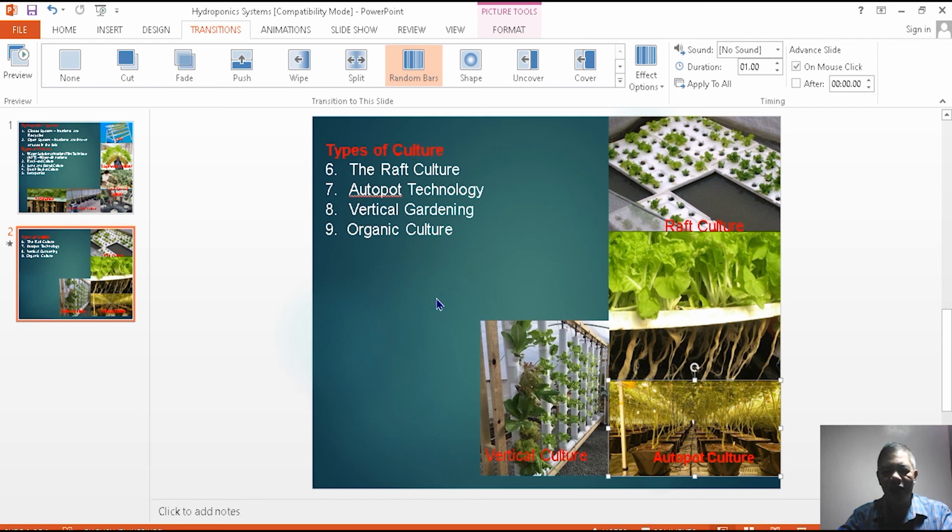I am using containers, using nutrient film technique, using raft culture, and the next that I will test is the success of aeroponics. And then we have also what we call aquaponics. I have a setup for aquaponics, but of course the problem is the nutrients produced by fishes in the tank cannot suffice the need for the growth of my pechay plants.